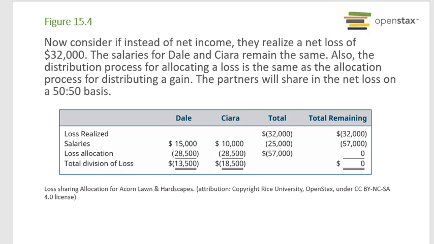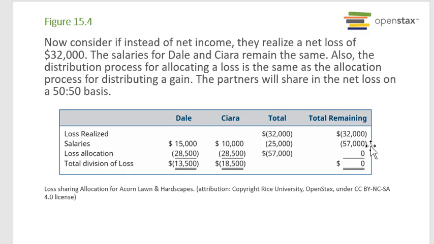Now consider instead of net income they realized a net loss of $32,000. The salaries for Dale and Sierra would remain the same. Also, the distribution process for allocating the loss is the same. So let's do that. We lost $32,000. The salaries paid out are $15,000 and $10,000, and when they've already lost money, that just adds to the loss. So in the end, they have lost $57,000.